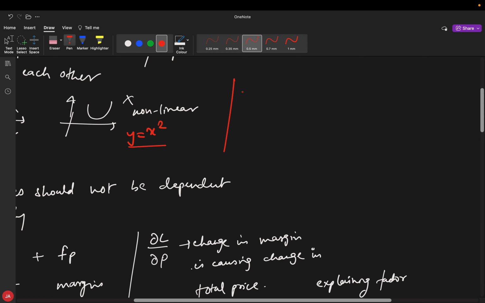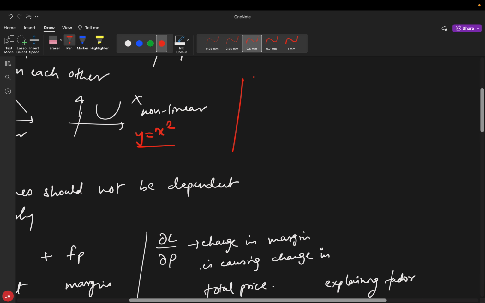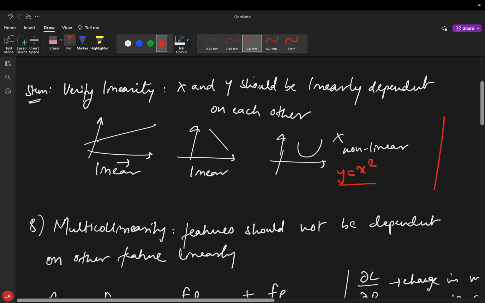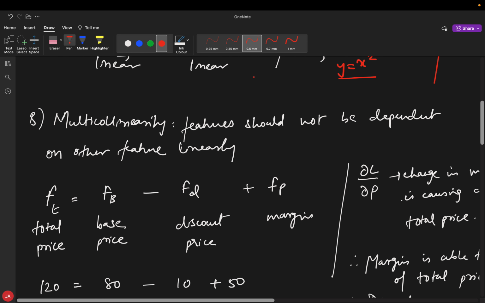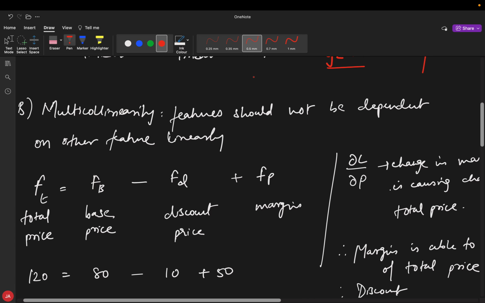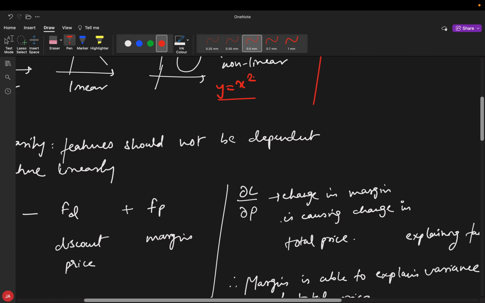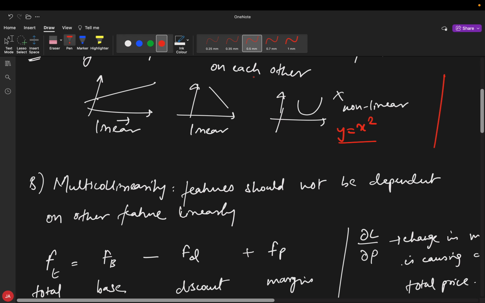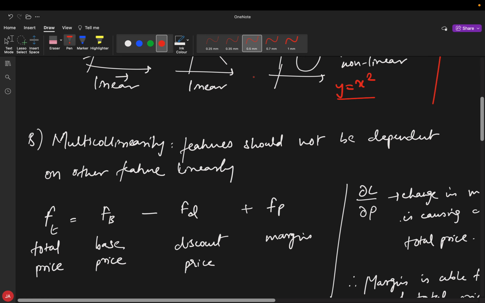We need some kind of linear mapping of the independent feature versus the target variable, so that we can find the best fitting line between them. So even if one feature is present which has a linear relationship, it is good to go.